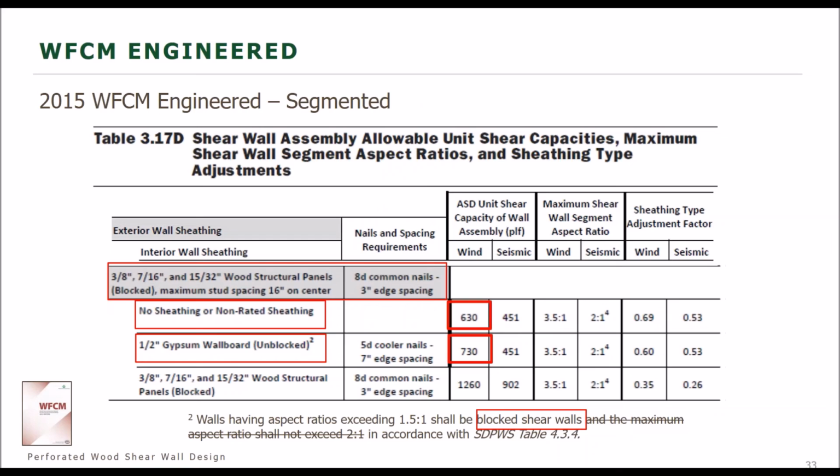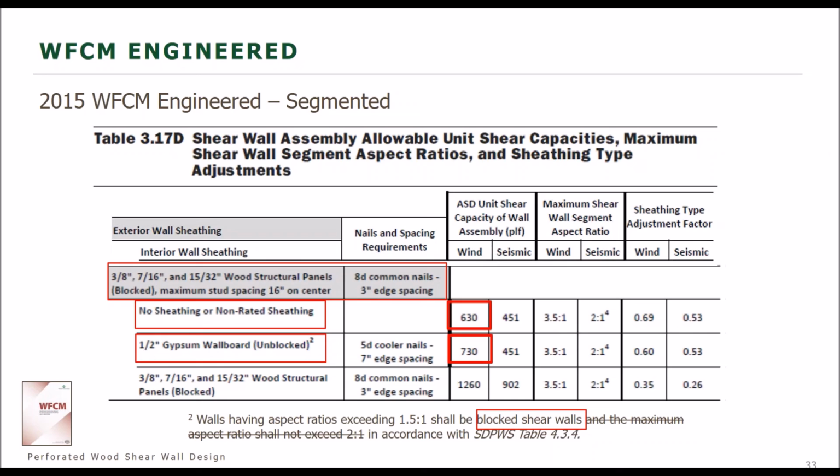So our designs today were wind designs, and for those of you that are in primarily seismic driven areas, you might be aware that it's a little different with combining the capacities of the interior and the exterior sheathing.